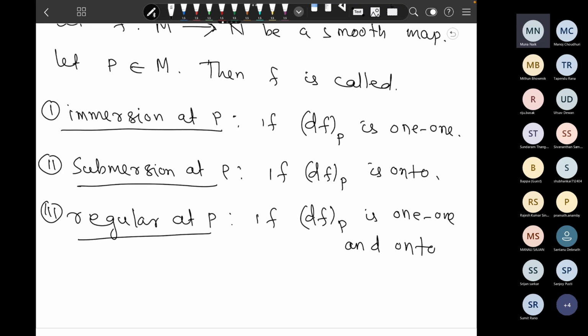So for the third case, M and N will have the same dimension, right?